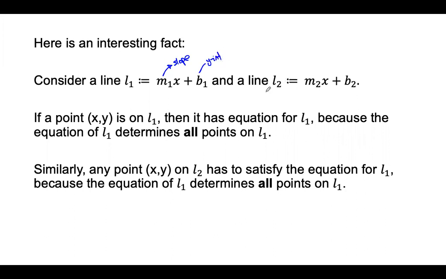And we have another line, L2, where again M2 is our slope that we're familiar with, and this B2 is our y-intercept. So suppose we have these two basic lines. And this is essentially our slope-intercept form.